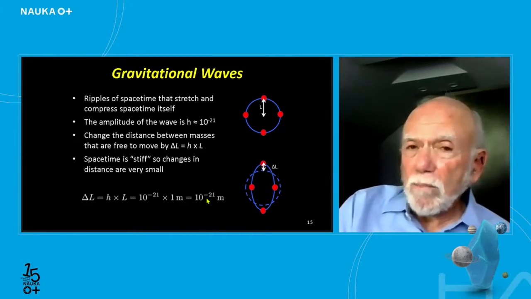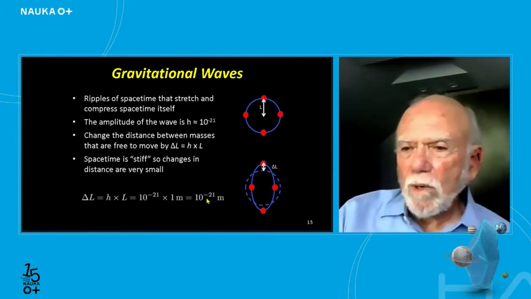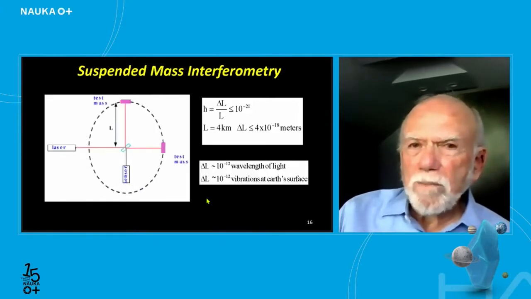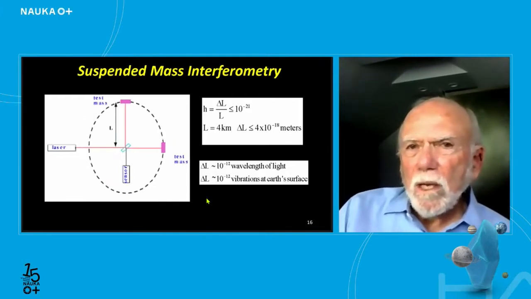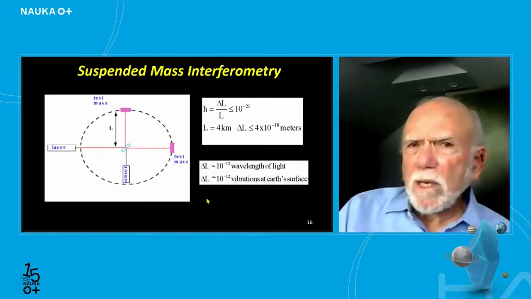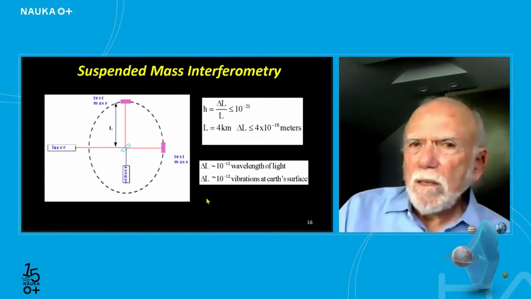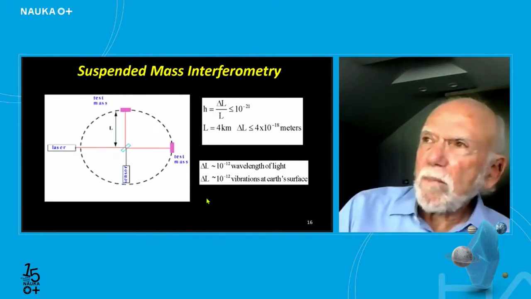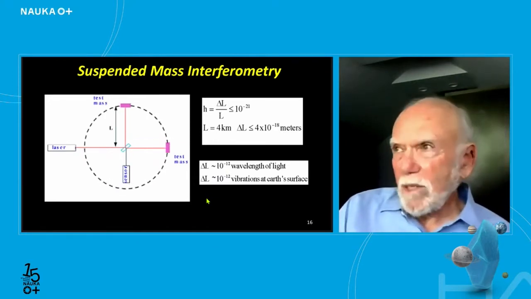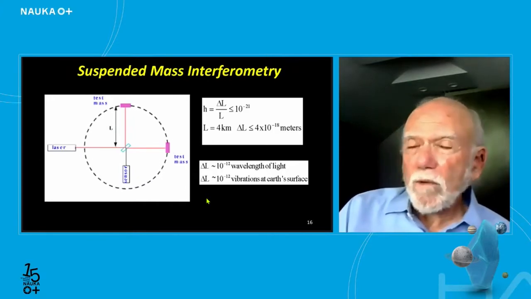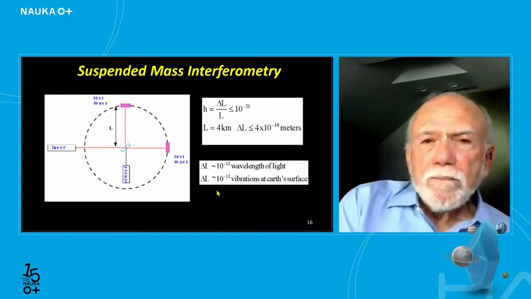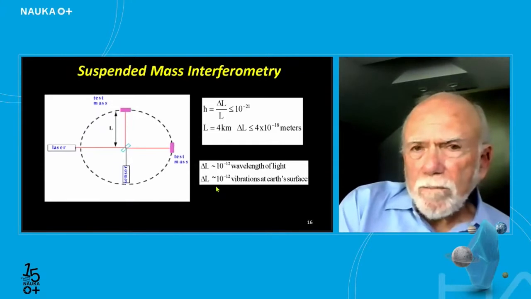That's a pretty small number. We can't measure anything that small. And that's what has prompted us to make detectors that are about 1 kilometer in size instead of 1 meter in size. Then we have to measure something that's 10 to the minus 18 meters, which is roughly the size of a proton, or smaller than the size of a proton.